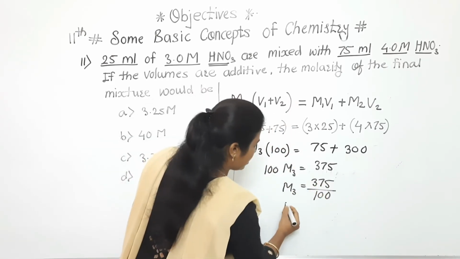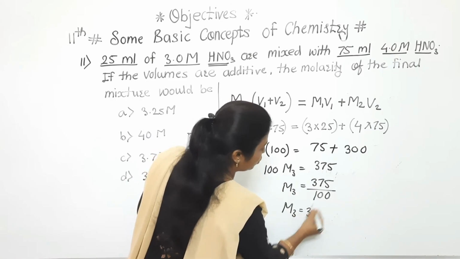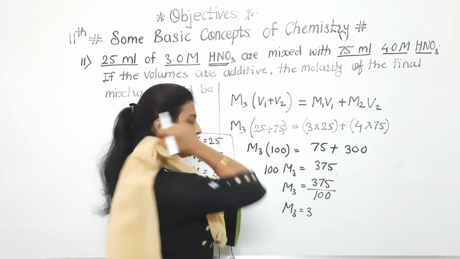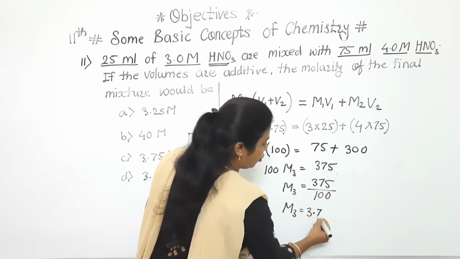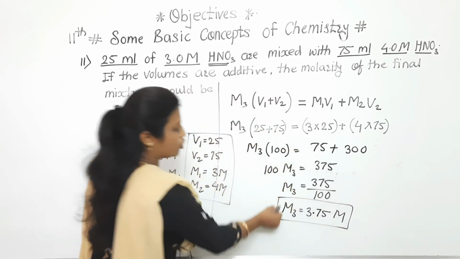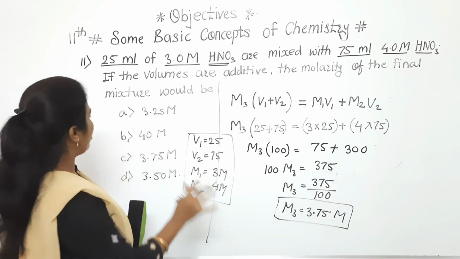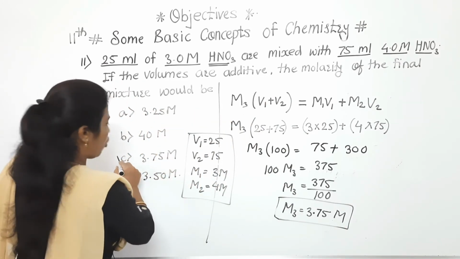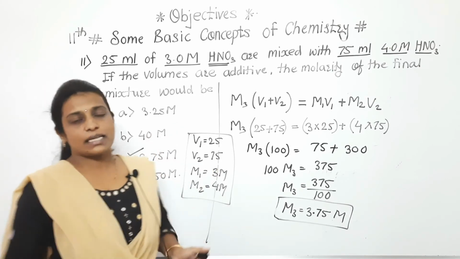Shifting the decimal two places from the back to the front, M3 is 3.75 molar. That is the concentration of the mixture. Hope everyone understood that this is option C, the correct answer.